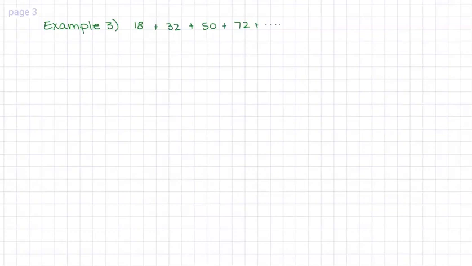Now the only problem is there's so many different ways to factor out the 18 and the 32 and the 50 and the 72. So which way do we factor it out? And this is where, for now, I'm just kind of trial and error. Like, let's say that I tried 2 times 9, 32. What's 32? Well, 4 times 8.